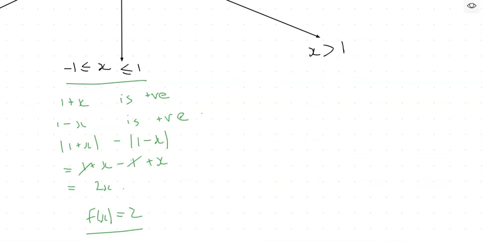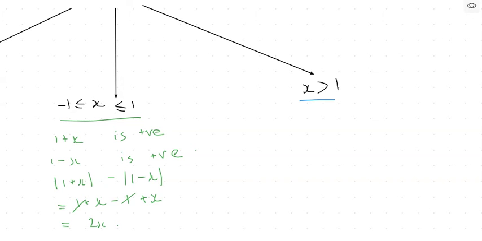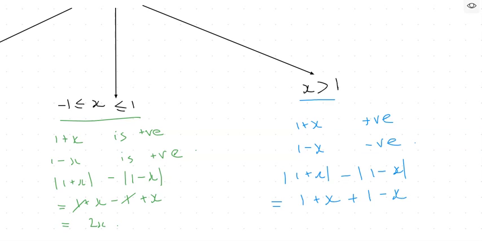And the last condition, the blue condition, 1 plus x is positive, and 1 minus x is now negative. So mod of 1 plus x minus mod of 1 minus x. 1 plus x is positive, so the mod signs just drop off. 1 minus x is negative, so it becomes plus 1 minus x.